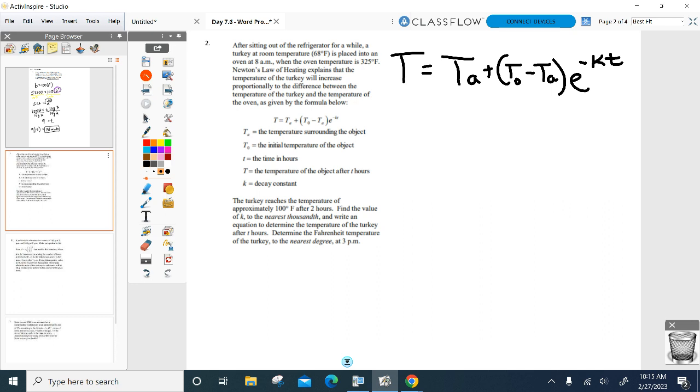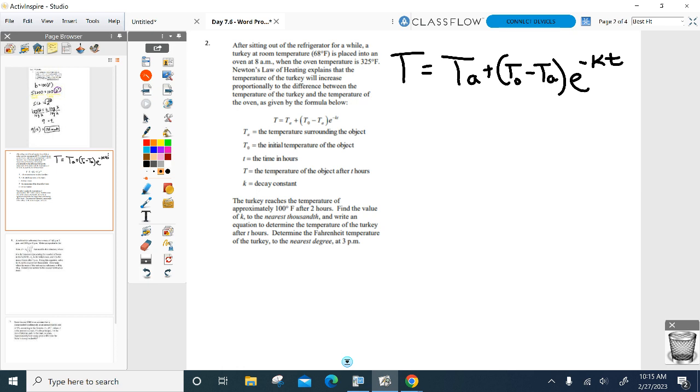All right, we're ready. And I list everything out here. I'm going to take my time, list everything out. I showed you guys what each variable represents. And I'll apologize on this one. I should have done a part A and a part B because there's actually two questions in this whole paragraph at the end. So let me show you the first one here. Turkey's going to reach 100 degrees in 2 hours.